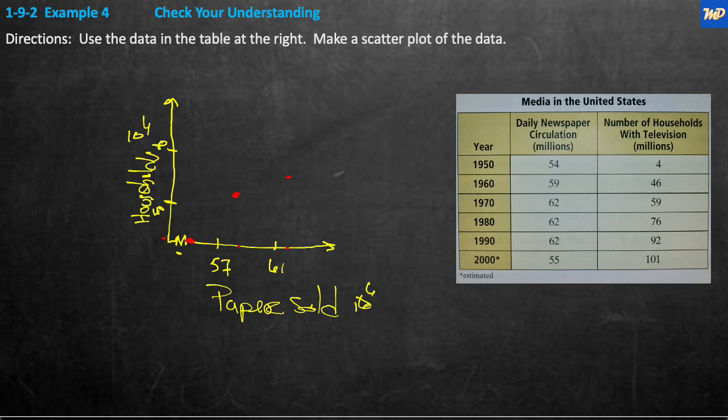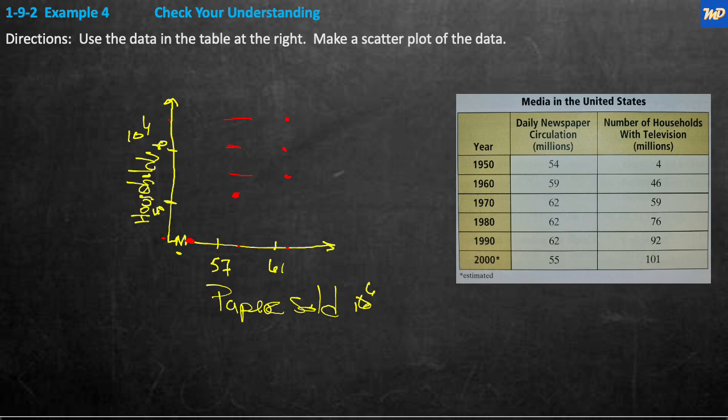Then there was 79, just below the 80, and then there was 92 somewhere way up here. So these are all newspapers. There's the spots on the graph.